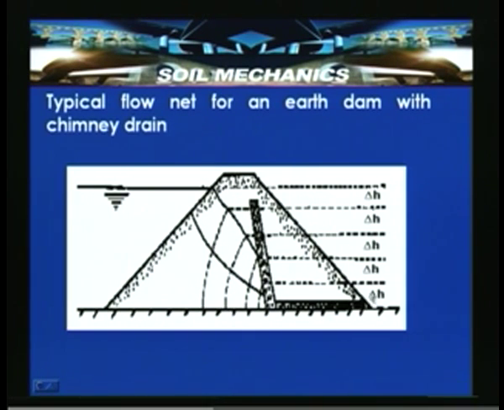In this case, for these lines 1, 2, 3, 4, 5, equipotential drops have been considered. So ND will be equal to 5, and NF which is approximated as say 2.5 or so. In that case we can approximate the NF by ND ratio, and by knowing the material K and by knowing the H which is there, we can again estimate the quantity of the seepage.